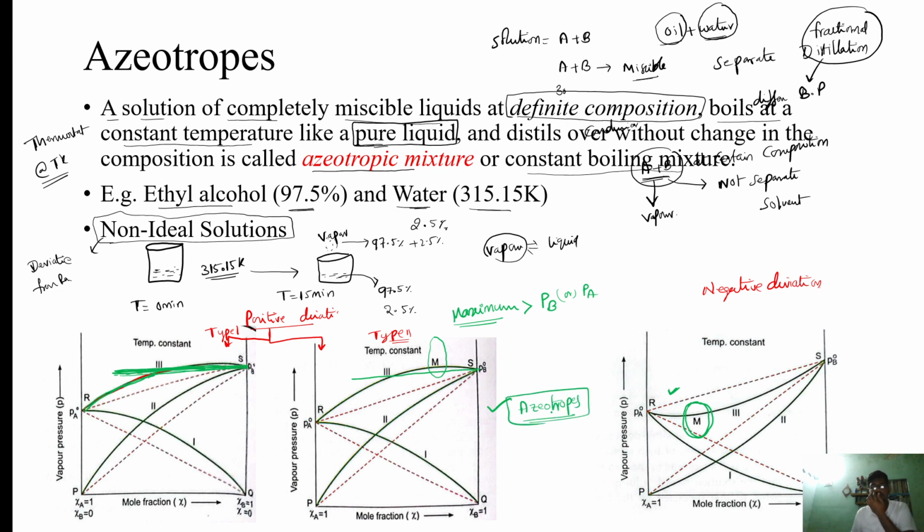This is also an important question they can ask you. They will give you these three: positive deviation type 1, positive deviation type 2 and negative deviation, and ask which one of the following does not form an azeotropic mixture. Then the correct answer would be type 1.